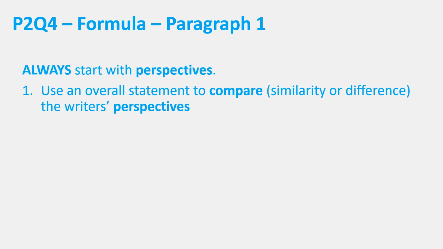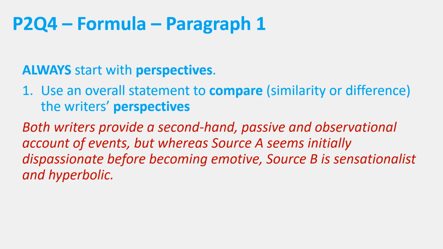And when we say compare, we're talking about similarities and or differences, comparing these writers' perspectives, their points of view, the position from which they are writing their piece. Here's an example. Both writers provide a second-hand, passive and observational account of events. But whereas source A seems initially dispassionate before becoming emotive, source B is sensationalist and hyperbolic.